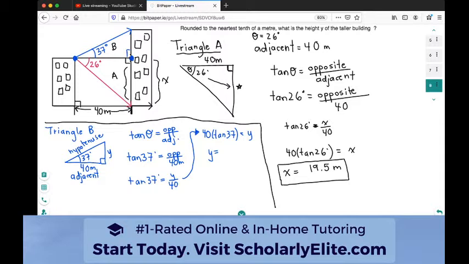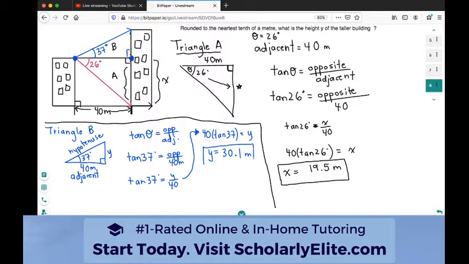You press tan, then 37, and then equals, and you should get 0.75, and then you multiply that by 40, and you'll get 30.14, but I'm just going to round it to 30.1 because they've asked us to round it to 1/10 of a meter. Wonderful. And this is in meters.